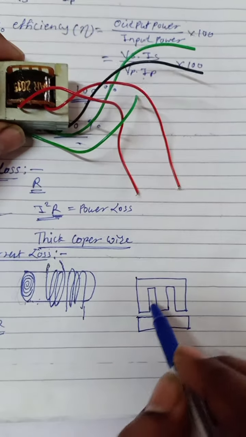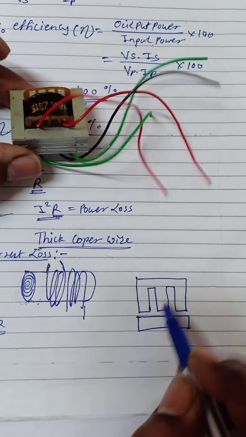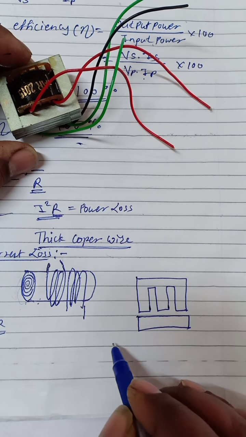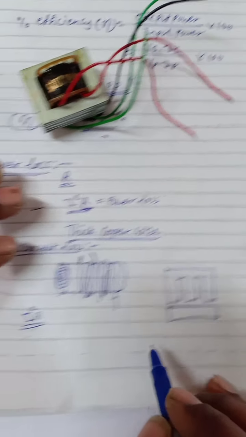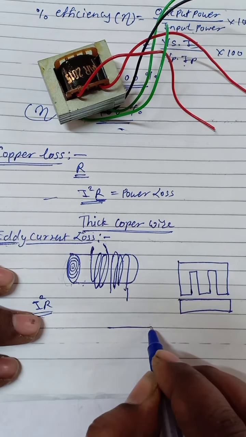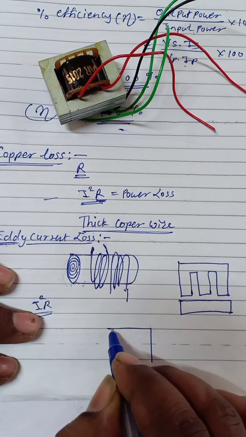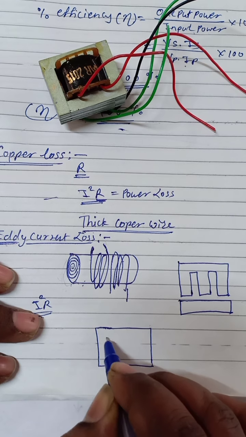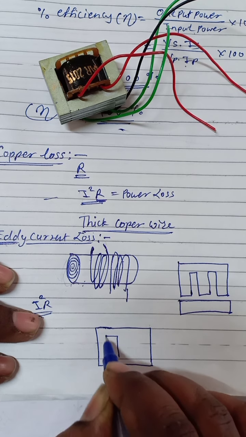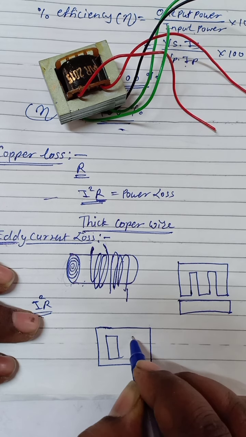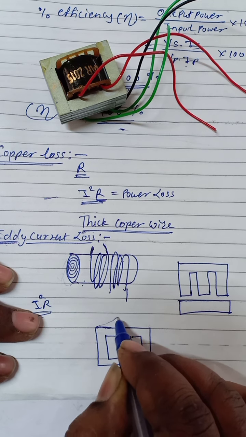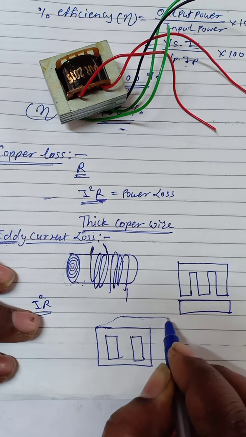You have to arrange the E and I shaped plates alternately so that you form a structure like this. See here, because of the E and I shaped strips, the structure is formed in this manner. This same structure is used in an inductor.